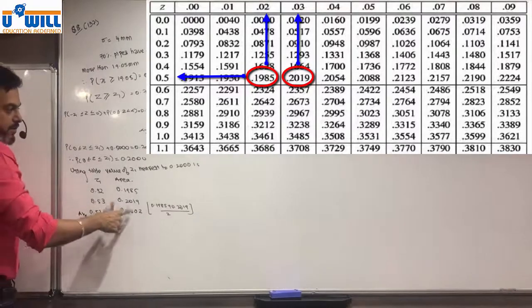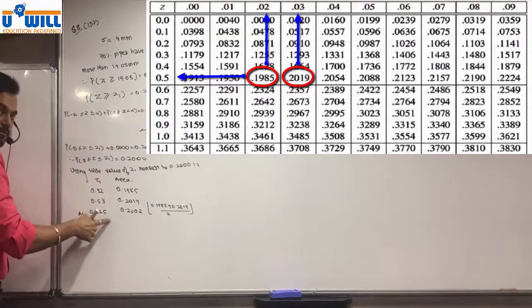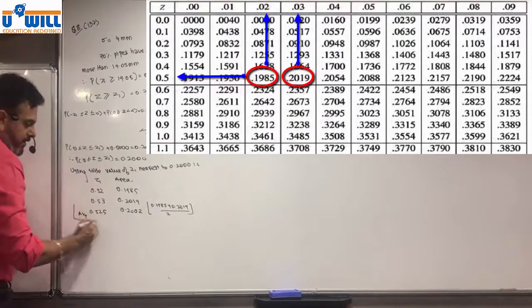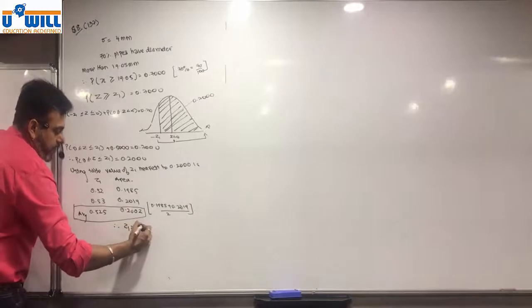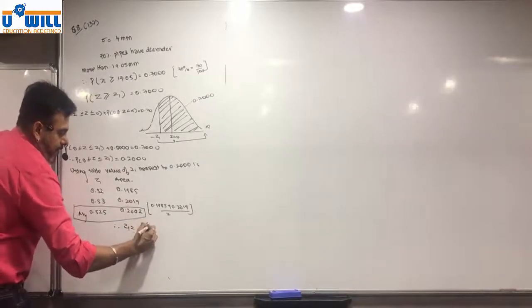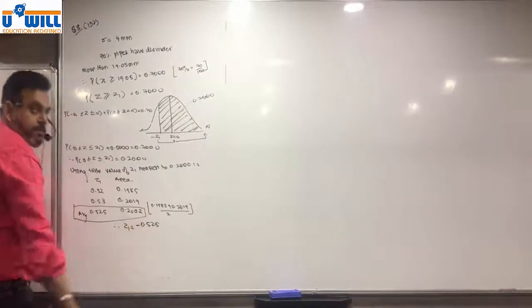So which one is nearest? The area for 0.525 is the nearest, so we mark it. Therefore, Z1 is equal to negative 0.525.